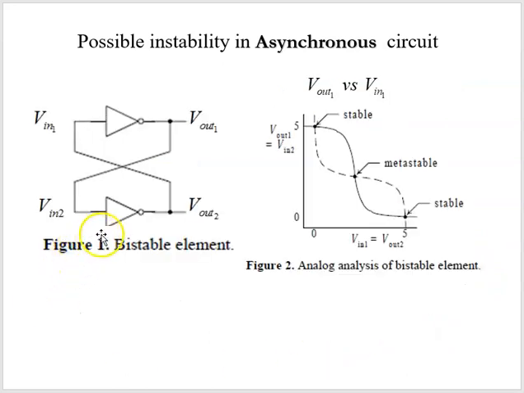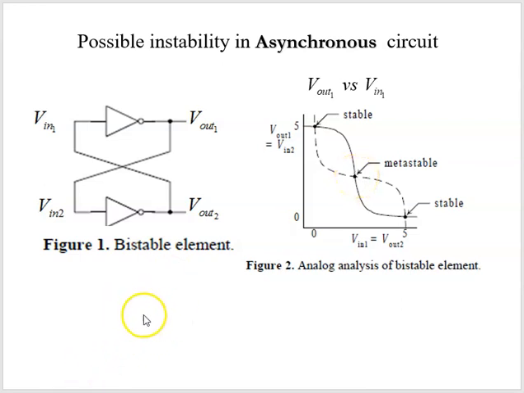So just to zoom in here, in our bistable element, if our input is equal to a 1, our output is going to go to a 0. If our output goes to a 0, the other input goes to a 1. So we have this back and forth, unless we're in this metastable state, where we could be stuck at 2.5 volts and moving in either direction.